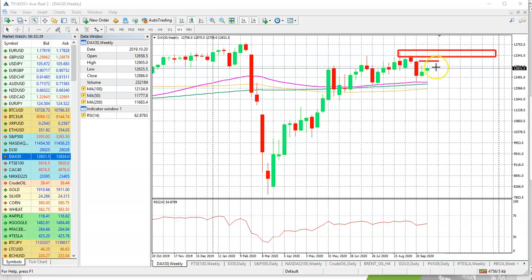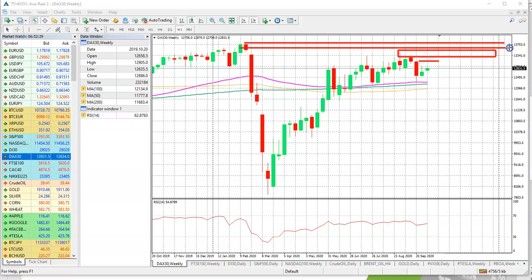But the fact is that the moment the price breaks above the highs of the last week, it is going to run into another resistance area, which I've just highlighted right over here. Then when the price breaks above that resistance zone, it comes into its next resistance zone, which is your all-time high, which runs right over here.